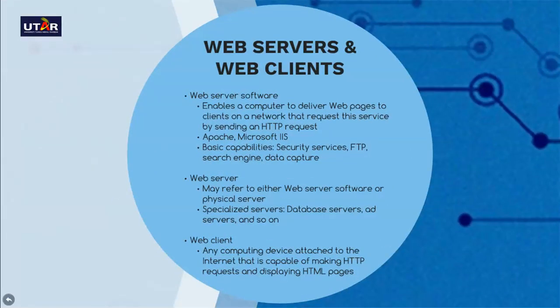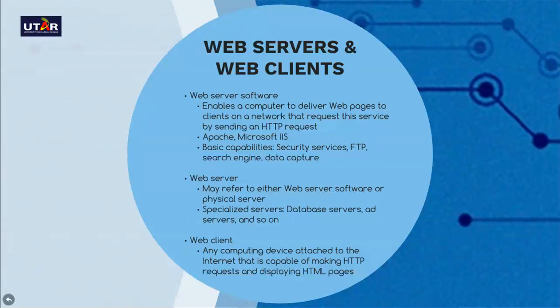So this is the architecture or hardware used to support the internet. Let's say a user would like to know how e-commerce is working behind the scenes. Web server software and methods enable a computer to deliver web pages to the client on a network that requests the service by sending an HTTP request.